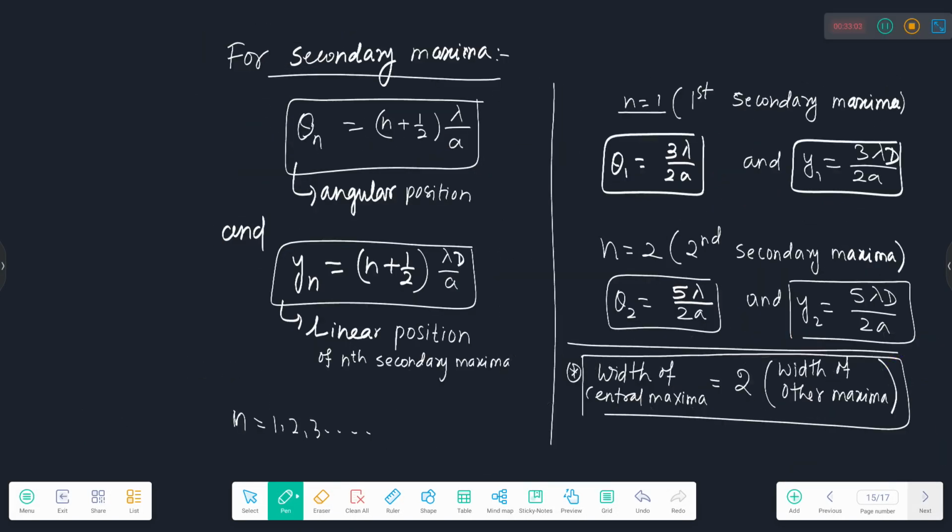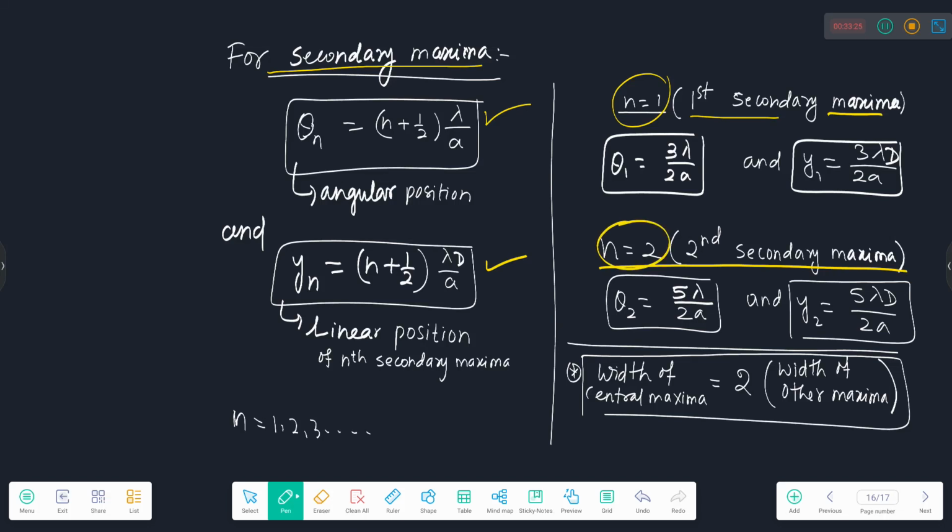Now next listen, secondary maxima. For secondary maxima, theta n equals (n plus half) lambda by a, and the linear position is this multiplied by capital D. If you want to find the first secondary maxima, consider n equal to 1; for the second secondary maxima consider n equal to 2.